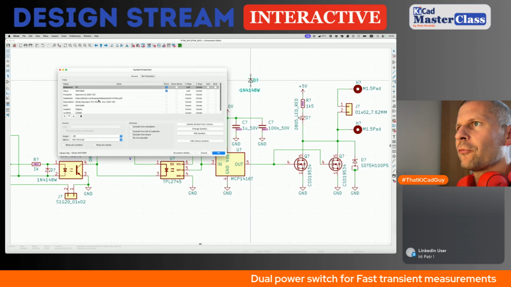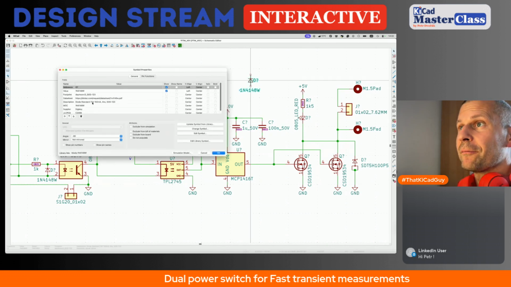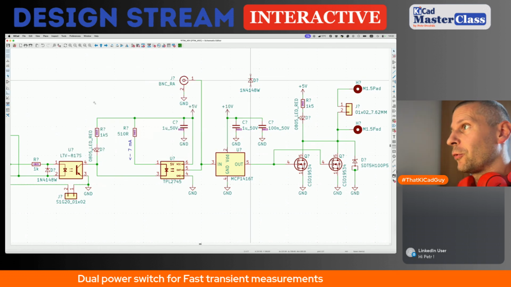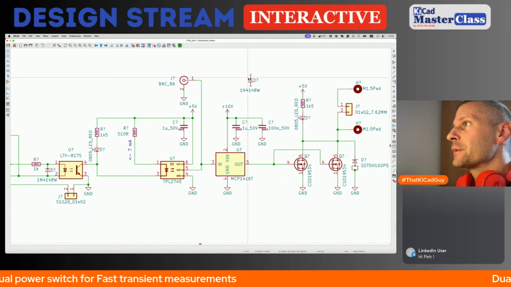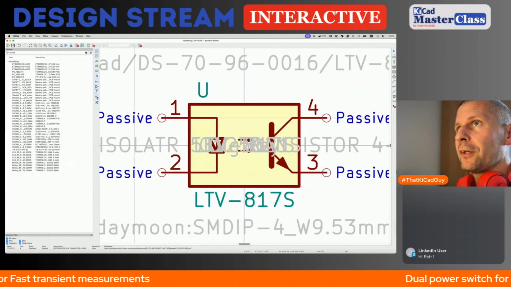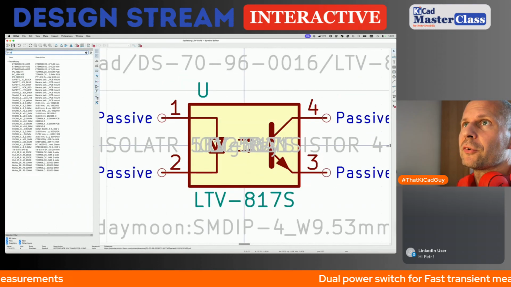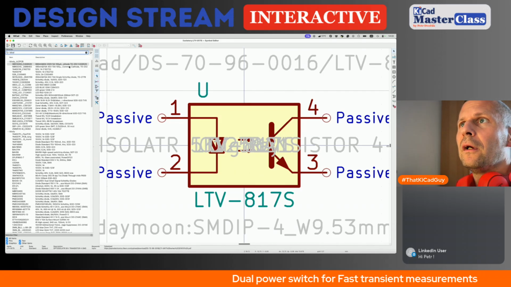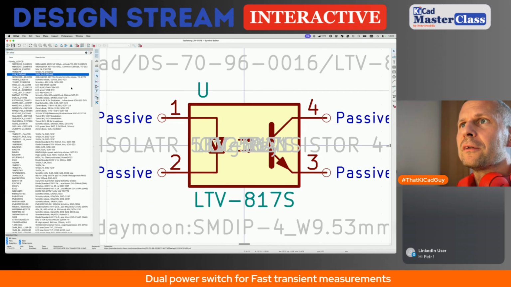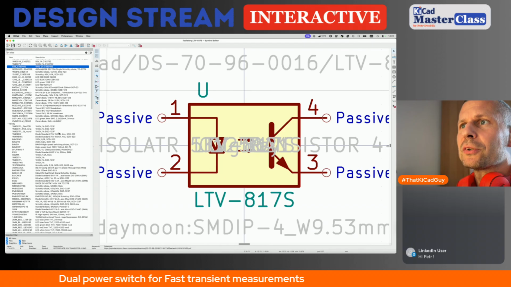I think 4148 is 75 volts. It's not enough. We need at least a 100 volt diode. So let's check my inventory database. We need 100 volt. It doesn't have to be Schottky.